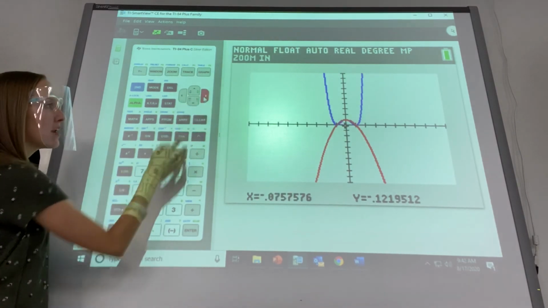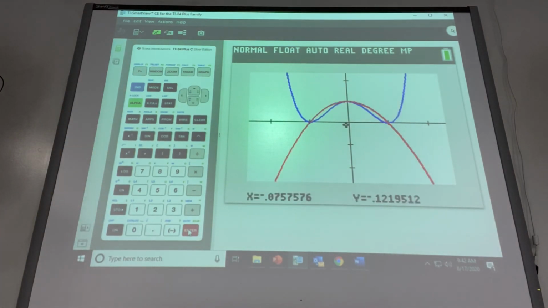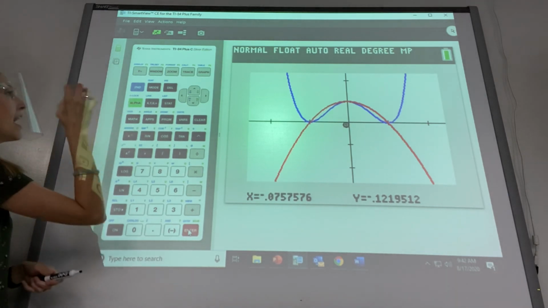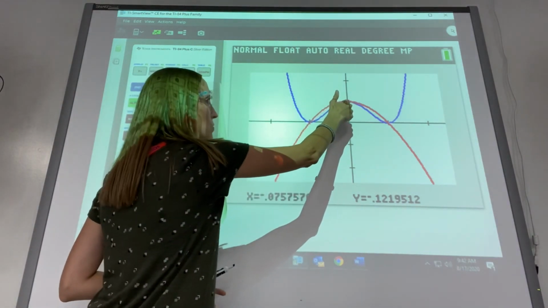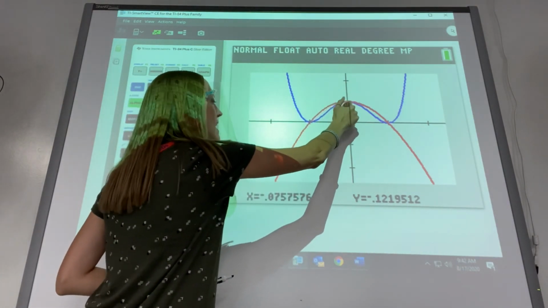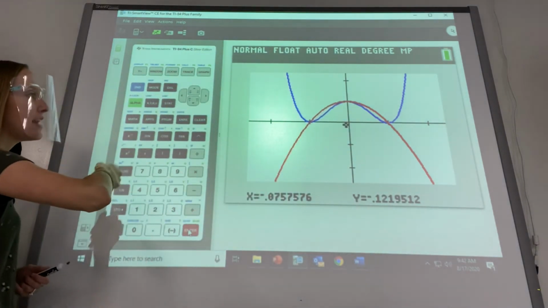I may scoot that over a little so it zooms right for the center. That does make it quite a bit more clear, but I'm pretending like these are not nice points and that I need my calculator to help me. So let me try the next one here. I'm going to see if it can tell me what that point is, where they intersect.